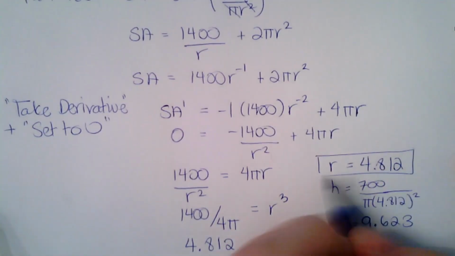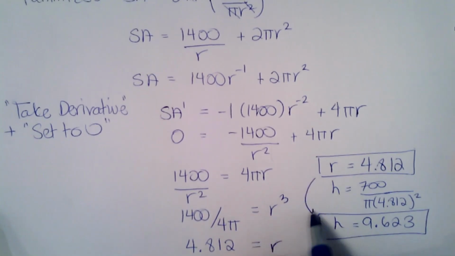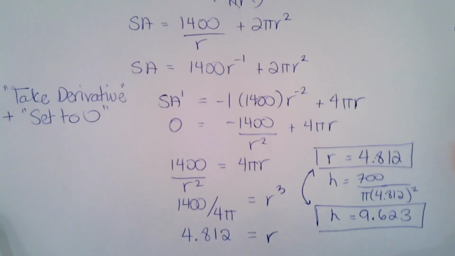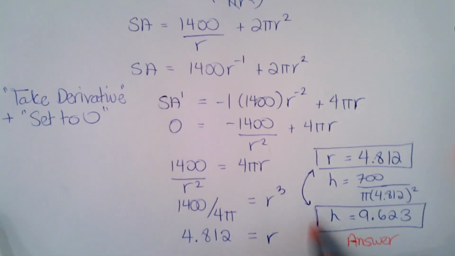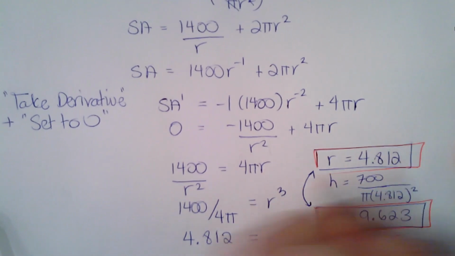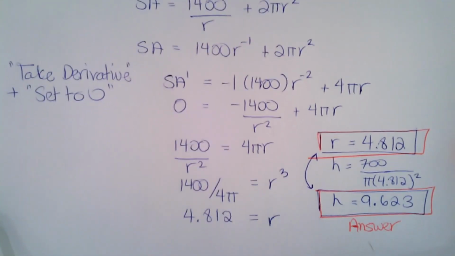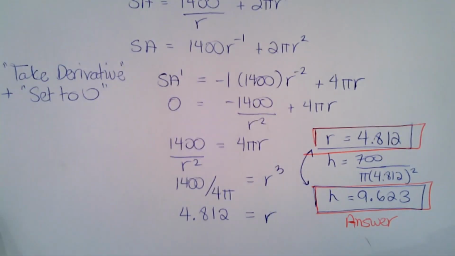So my dimensions are right there. So those are the height and radius of the cylindrical tank that will yield the least cost of sheet metal. Assuming that there's no reason to think that the top or bottom costs more or less than the rest of it. If it's a uniform cost throughout the entire shape, then these are the dimensions I would use.